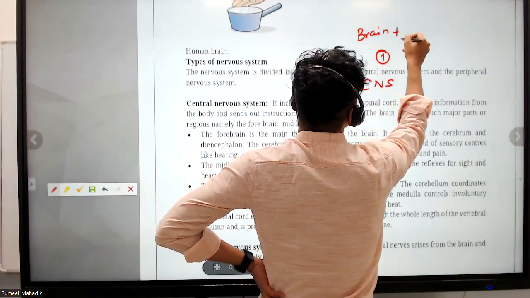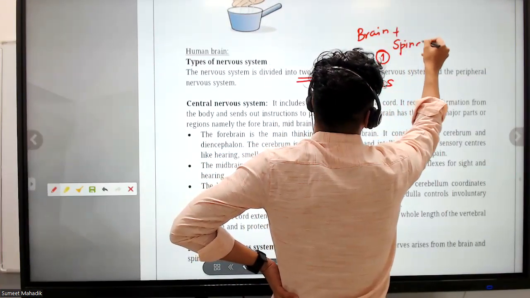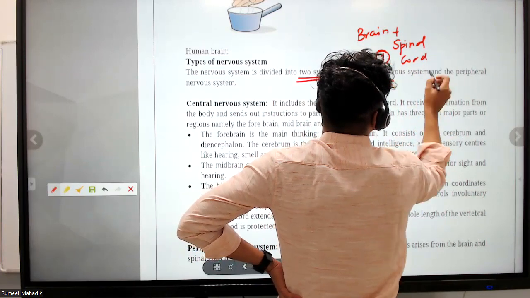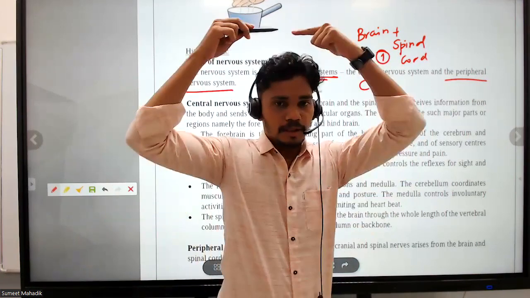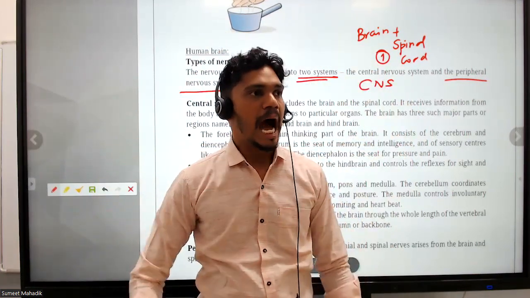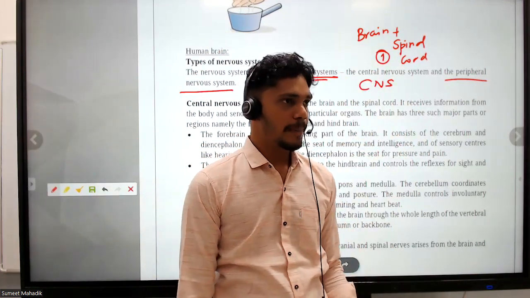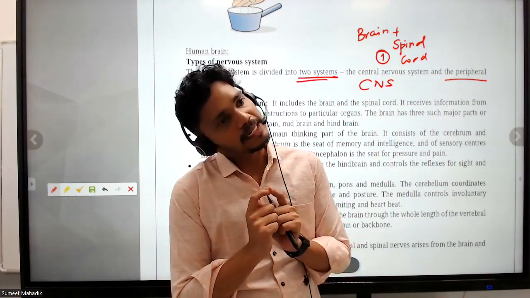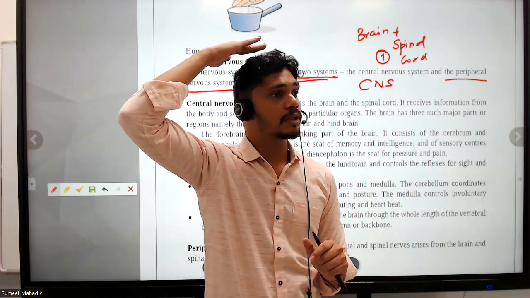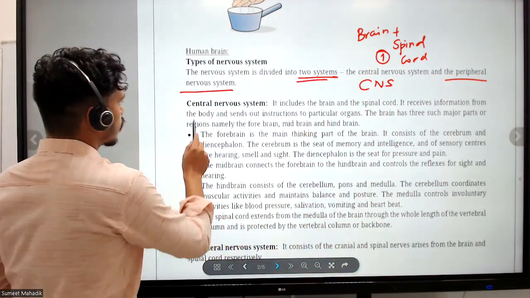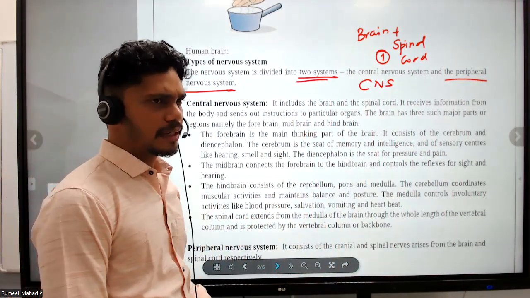Brain plus spinal cord. And the peripheral nervous system. What is the periphery? The outer lining of the body is called the periphery. If I'm touching my nails, still I'm getting the stimuli. If I'm touching my hair, still I'm getting the stimuli. That is the periphery. So the periphery includes the boundary line of the body.